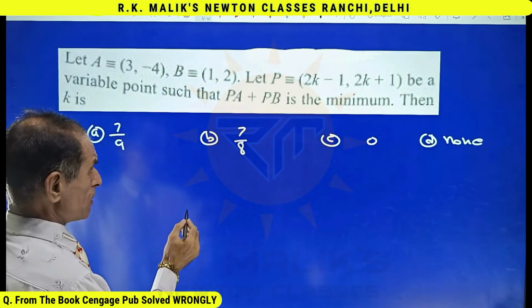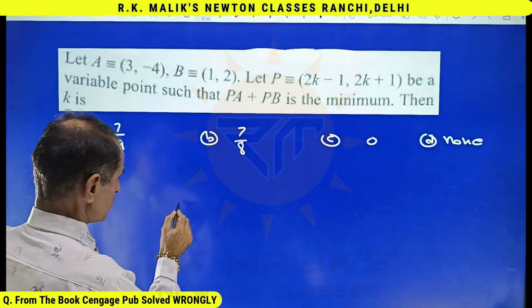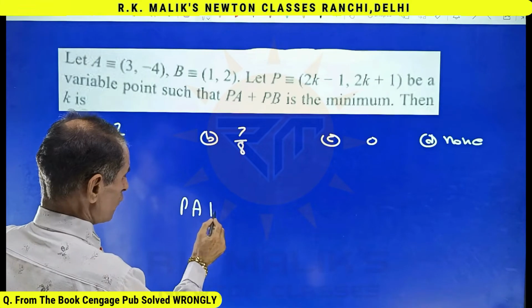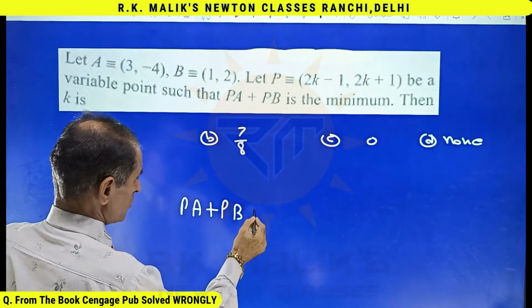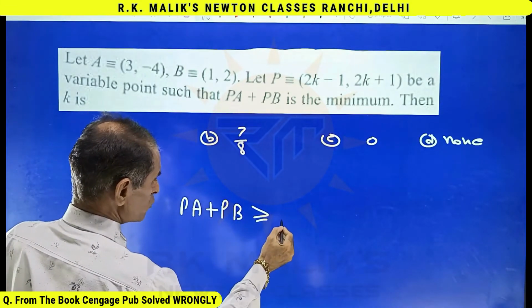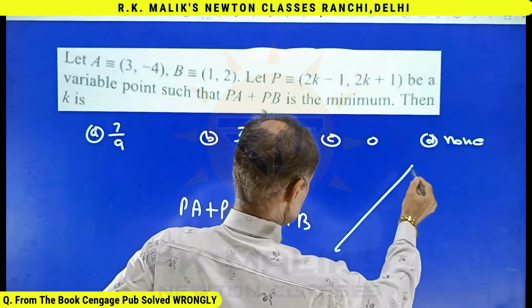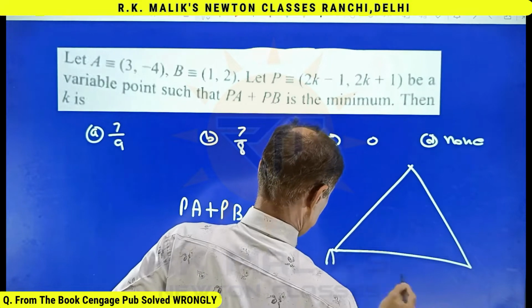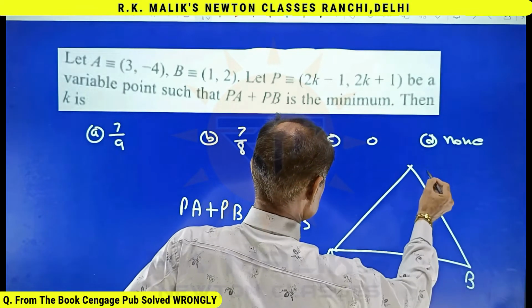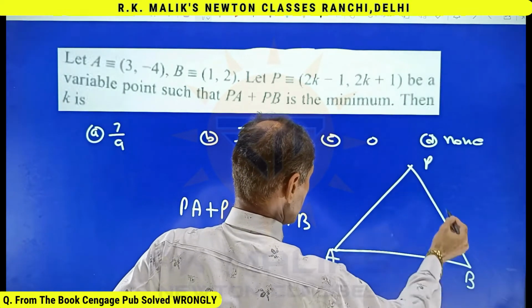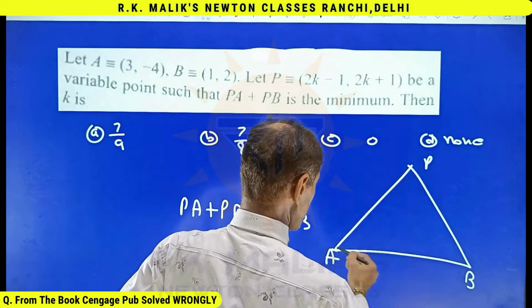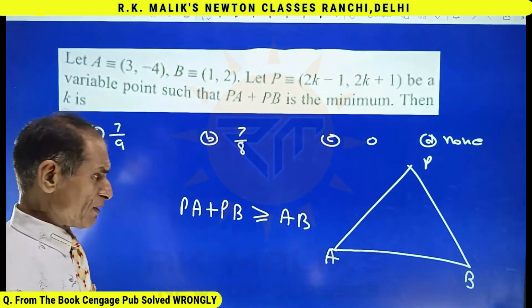According to the concept I just now told you, the least value of PA + PB will be equal to AB, because if A and B are fixed points, PA + PB will be least when P comes on the line AB.